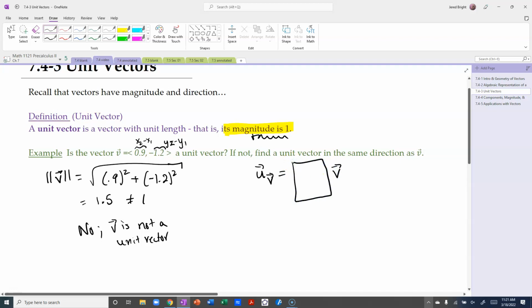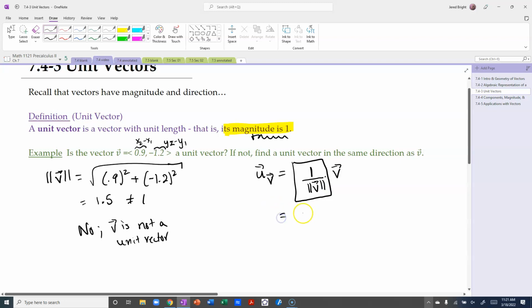We're going to shrink it, scale it, so that its length is 1. How do we make its length 1? Mathematically, here's what we do. We want its length to be 1, so we divide by the magnitude, effectively shrinking its size.